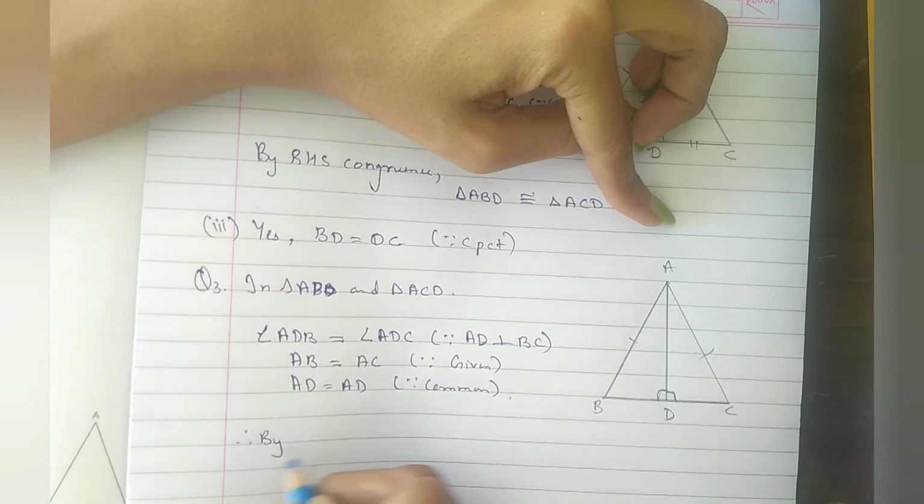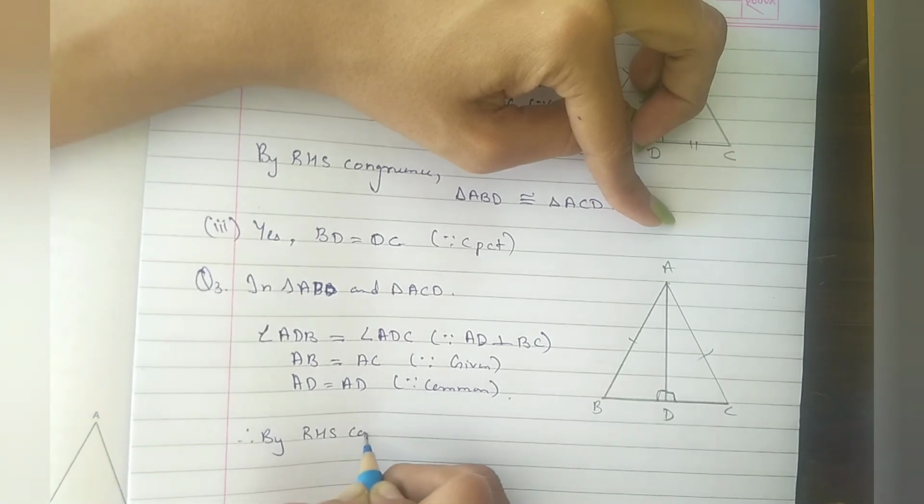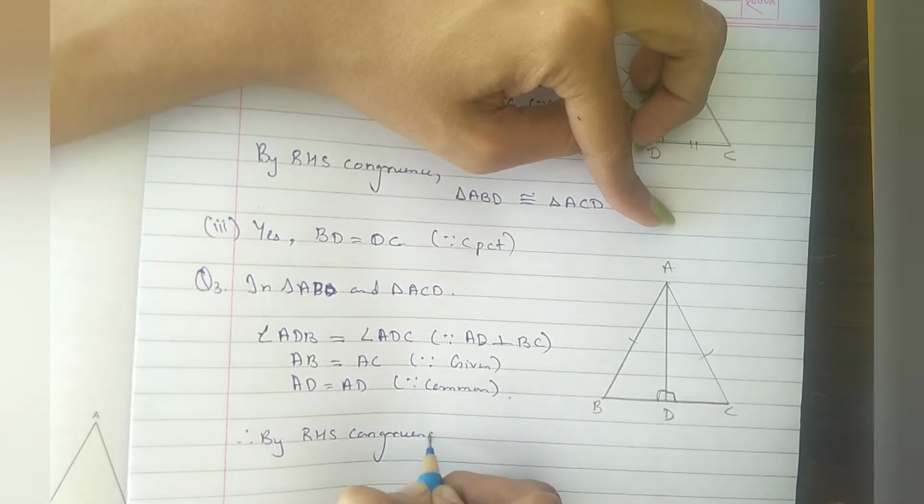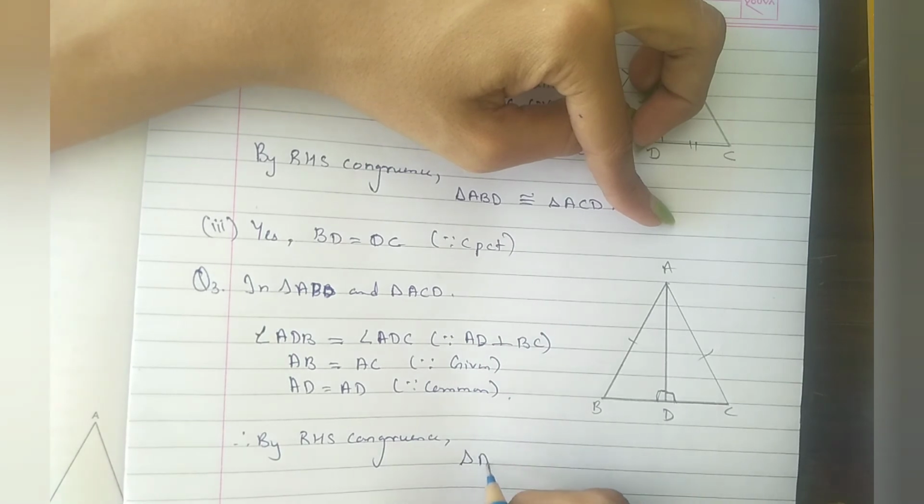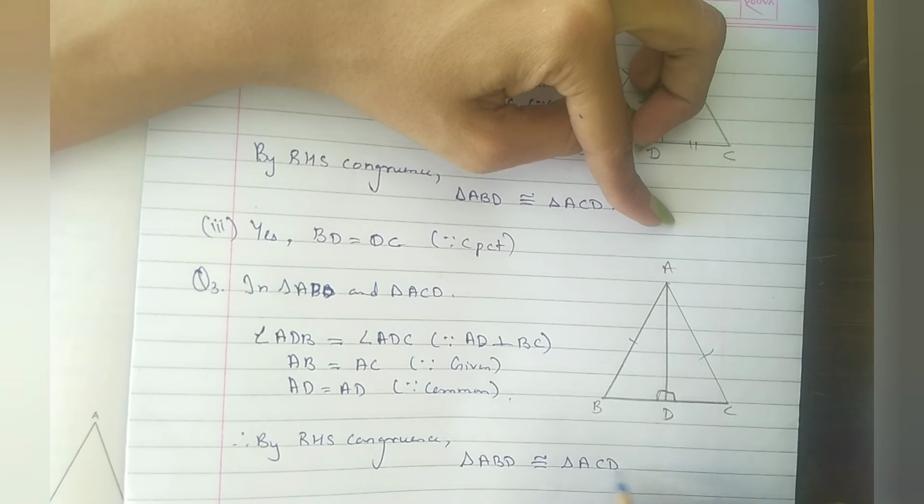Therefore, by RHS congruence, triangle ABD is congruent to triangle ACD.